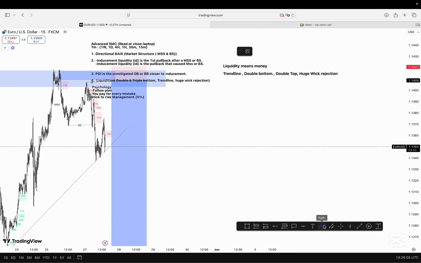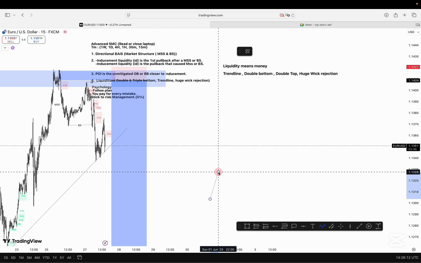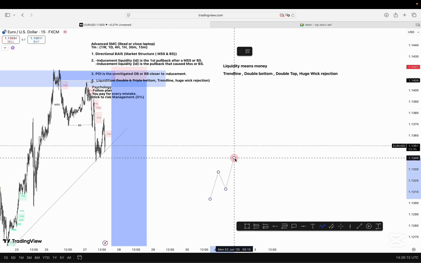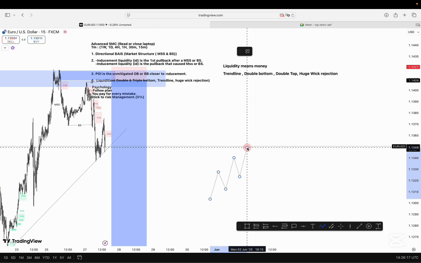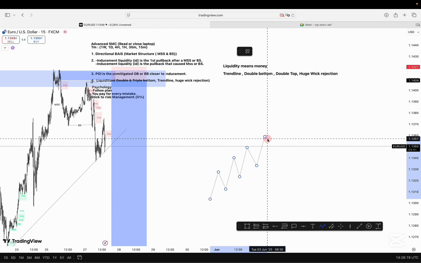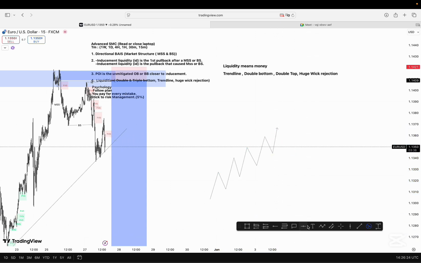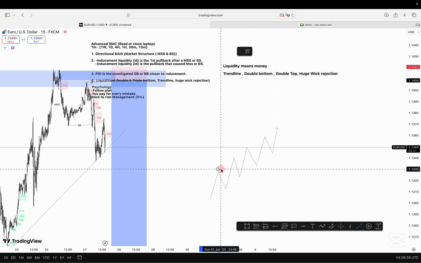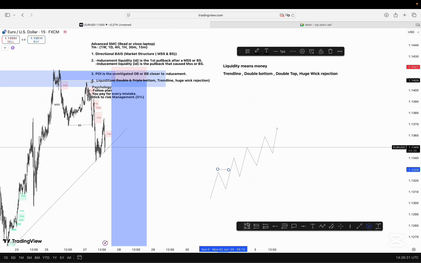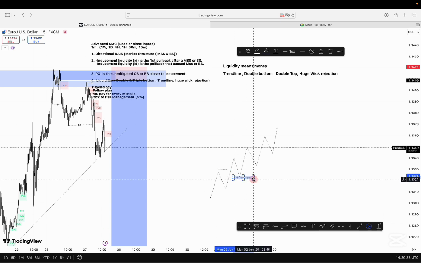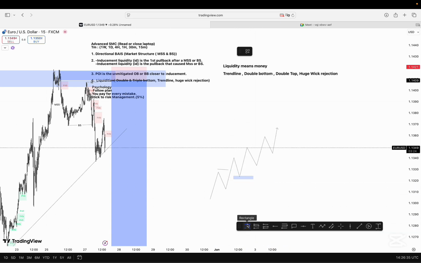So for the trend line liquidity, whenever price is, let's say, trending up, it is creating a series of higher high, higher low, higher high, higher low. In doing that, people are putting their stop loss below. Whenever price breaks this high and then pulls back, someone will buy here and put the stop loss here.